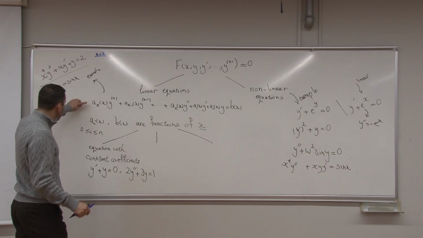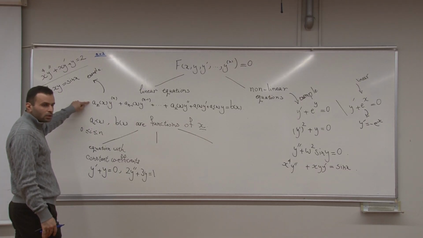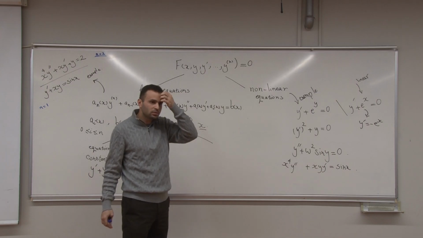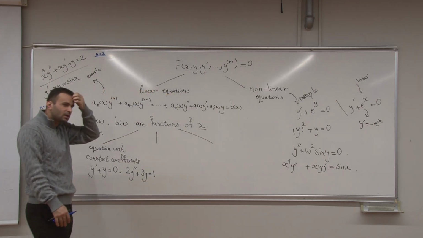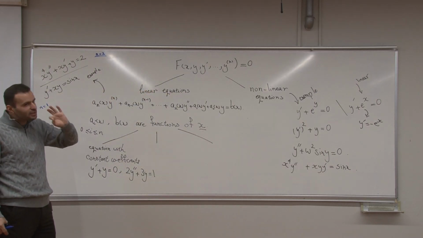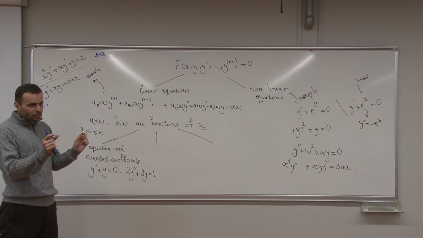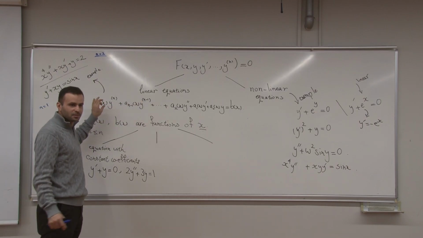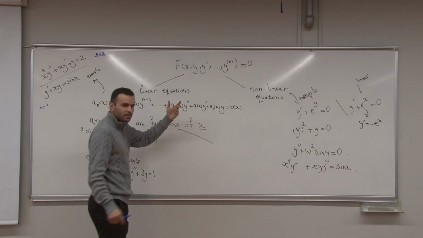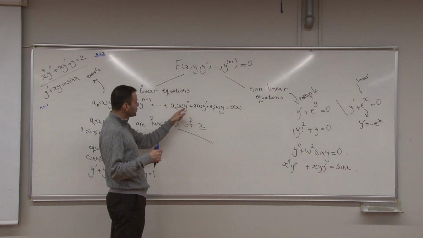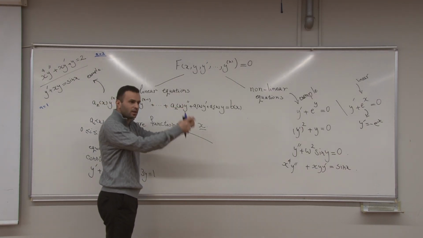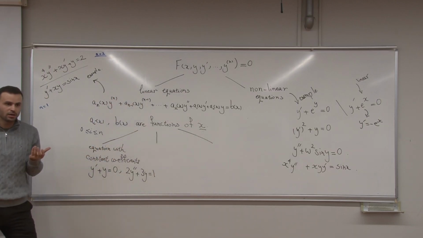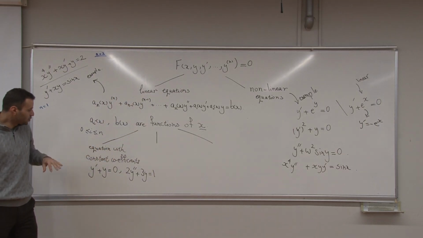You need to compare it with this form. It is not that complicated. You just need to be able to make comparisons and understand, is your equation in this form or not? This is the crucial part. You need to understand what the coefficients of y, y prime, y double prime, and maybe higher order derivatives are. That's all.